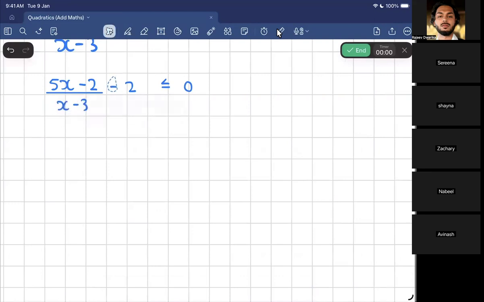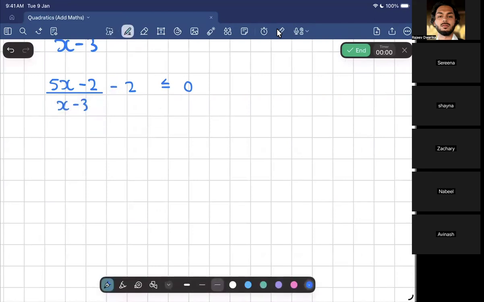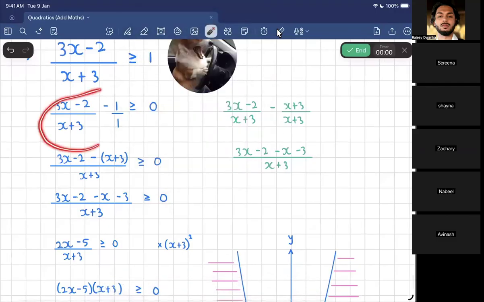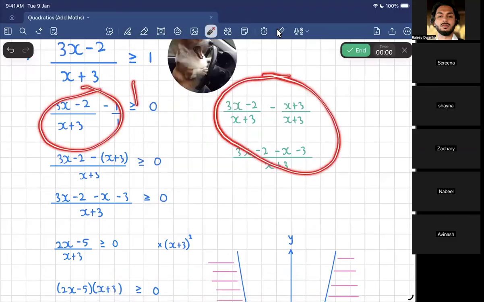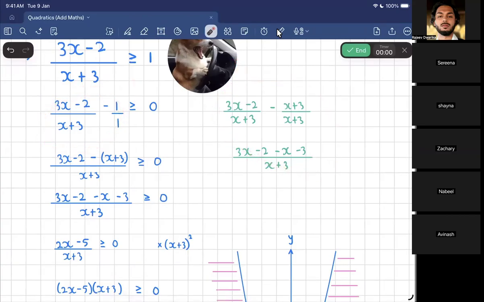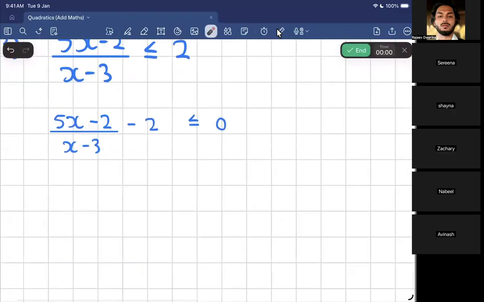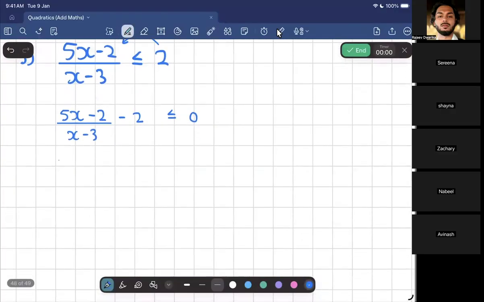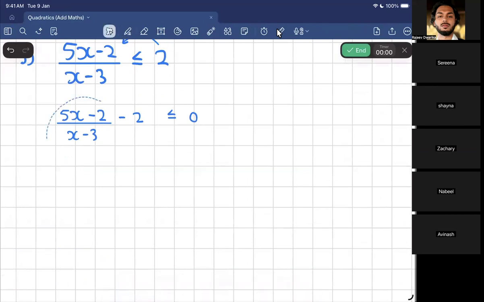Now you have to be very careful here, Avinash, extremely careful. So how do you want to do this? Using the long LCM method like this or the shortcut like this? One or two? You want to do it using option two? Yeah. Okay. So Avinash, look very carefully.